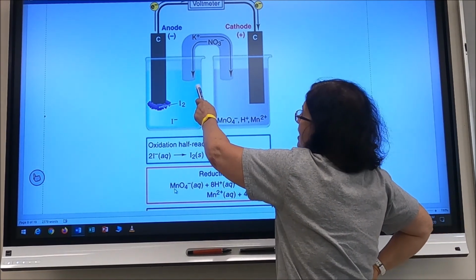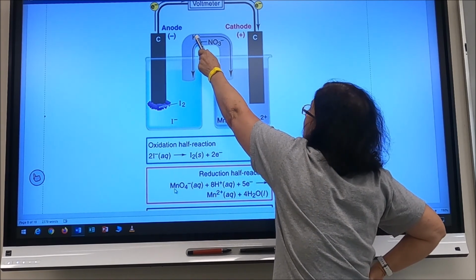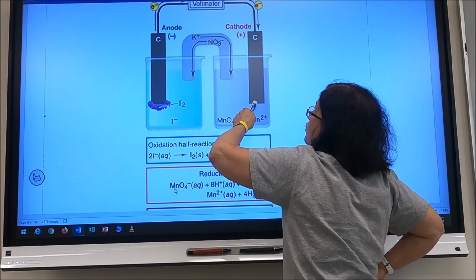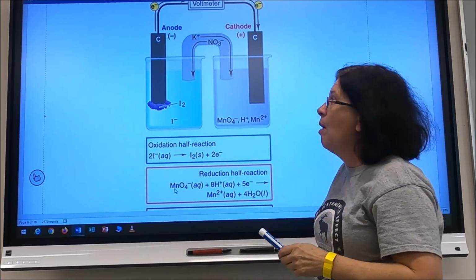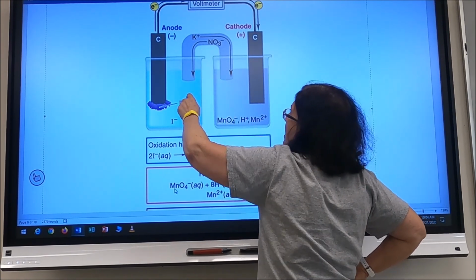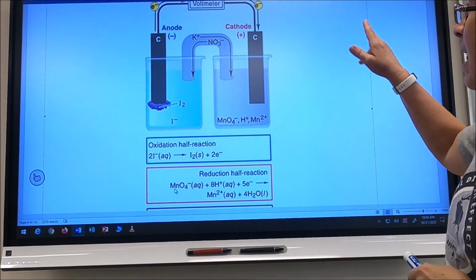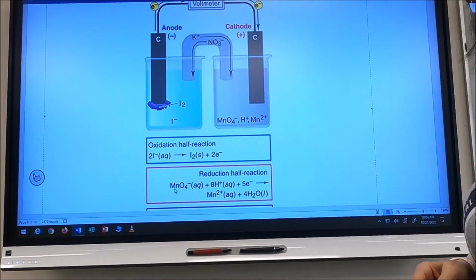Now, the thing to note here is that the cation always moves toward the cathode compartment, and the anion moves toward the anode compartment. So cation in the salt bridge moves toward the cathode, anion in the salt bridge moves toward the anode. And guys, this makes good sense.